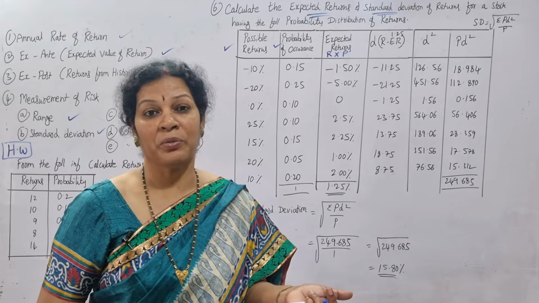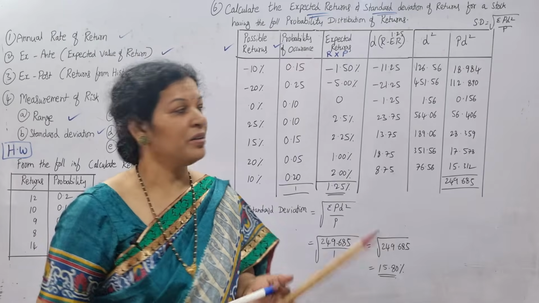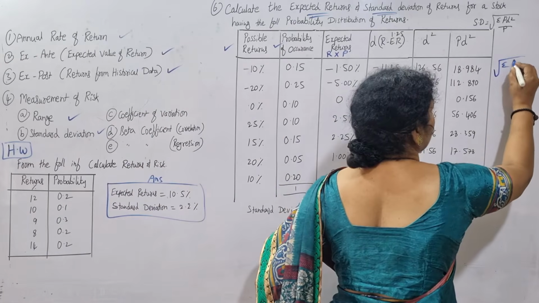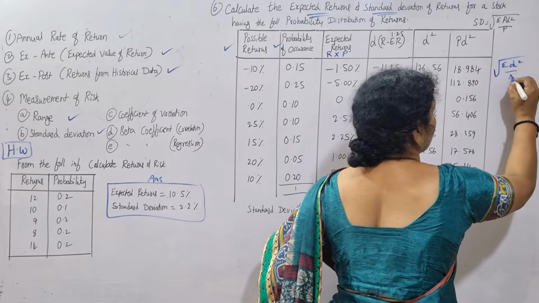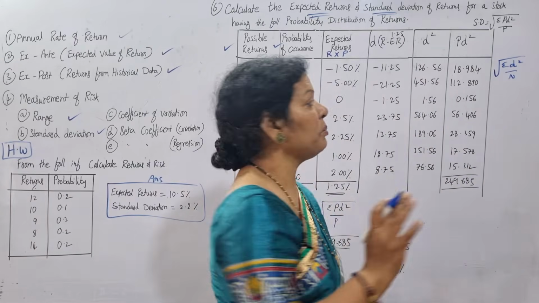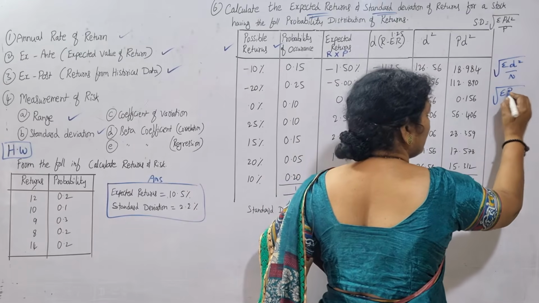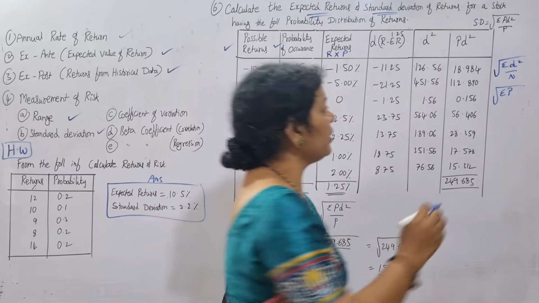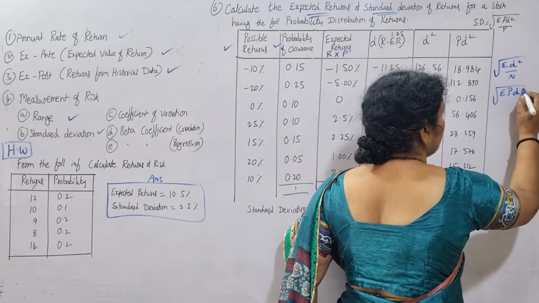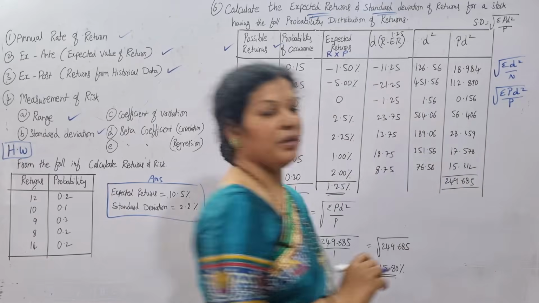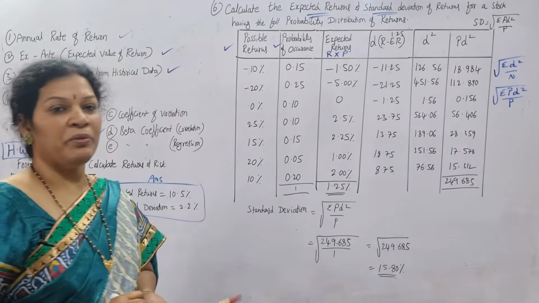Root of sigma D square by N. I'll write. General formula is root of sigma D square by N. What are the changes we are making to this formula? Root of sigma P D square by sigma P. Probability into D square, and rather than N, we are taking sigma P. This is the formula we are using.